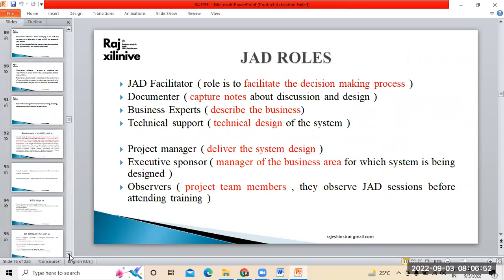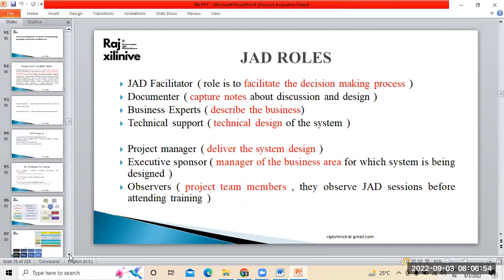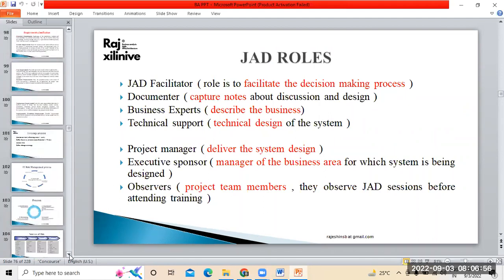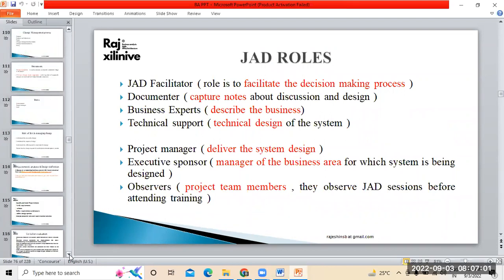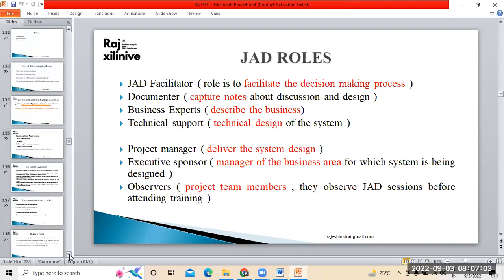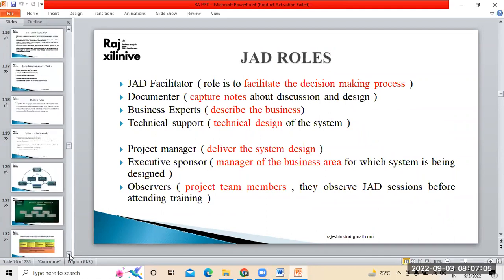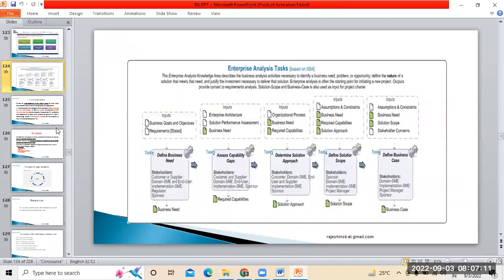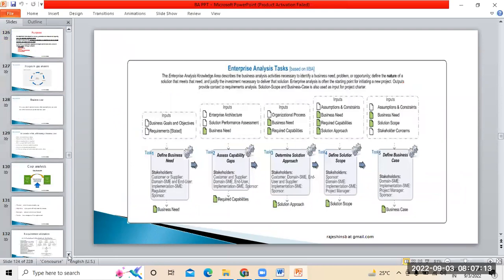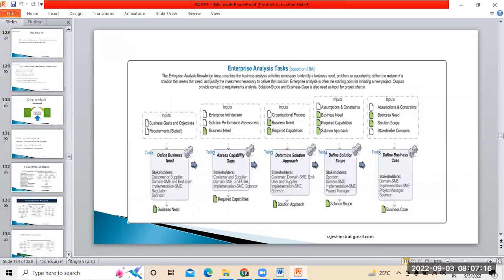There are different techniques we follow, as I mentioned earlier, like focus groups and group discussions. At the same time, sometimes we conduct interviews with people. That's how the requirement elicitation process is generally conducted as part of the business analysis role.